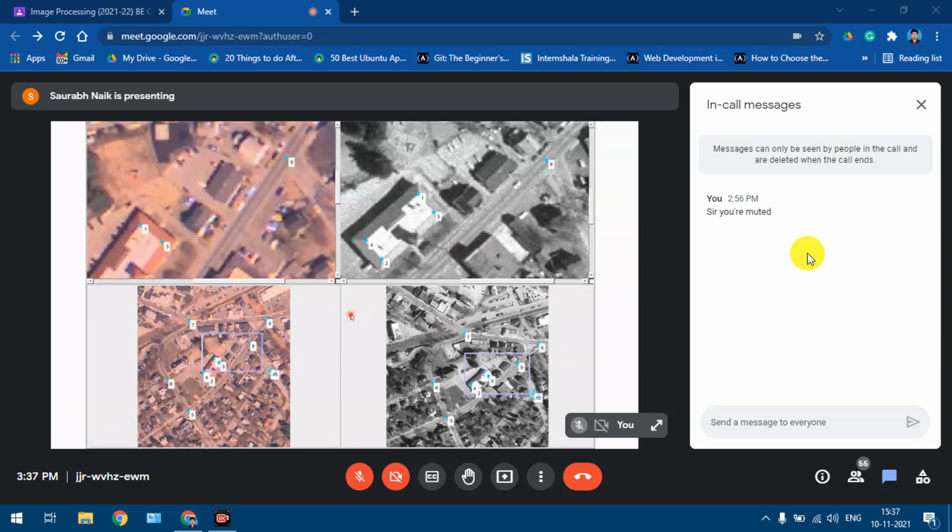Usually for finding reference points, we consider certain shapes, certain landmarks in these images which will not change over time. We also have to keep in mind that these landmarks are easily identifiable. For example, if you see 1, 2, 3, and 4 over here, these landmarks are easily identifiable.